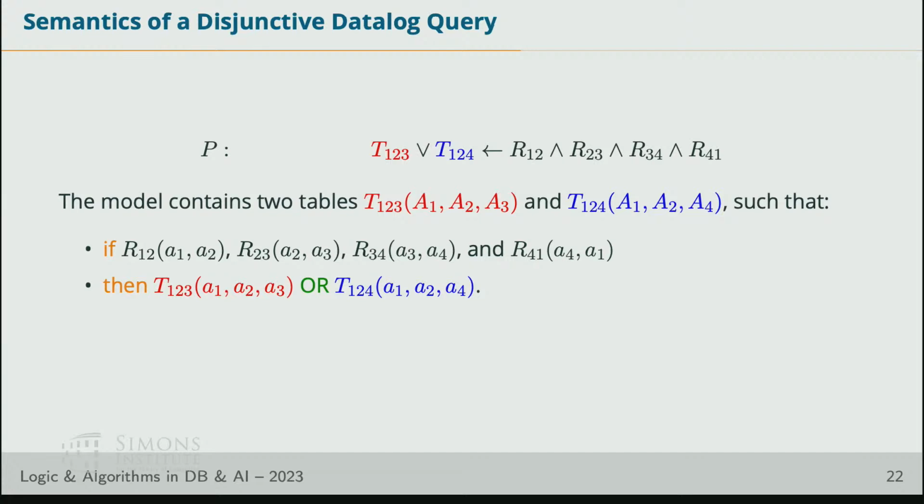So that the following is satisfied: if you have a tuple that satisfies the body, so if A1, A2 is in R12, A2, A3 is in R23, and so on, A4, A1 is in R41, then the tuple only has to satisfy either the red constraint or the blue constraint, but doesn't have to satisfy both. So you have some flexibility in constructing the solution, because the solution only has to cover a part of the query in some sense.